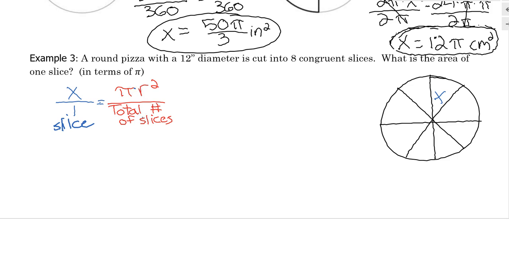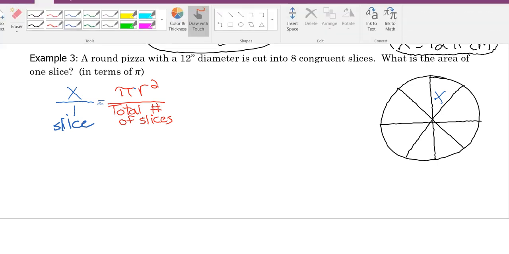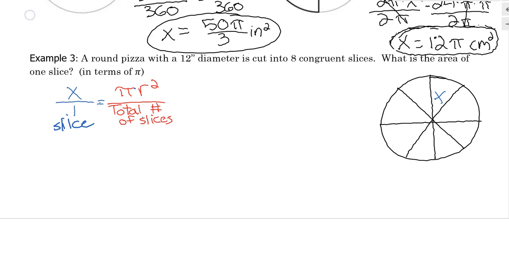So you're still setting up that proportion. Okay. So the only thing we need to figure out is what r is. Okay. So again, they tell me I have a 12-inch diameter, right? So then r equals 12 over 2, which equals 6, okay? So this one has a 6-inch radius.